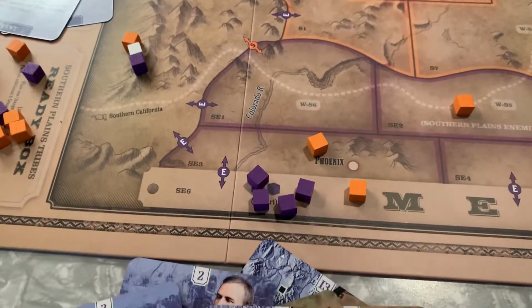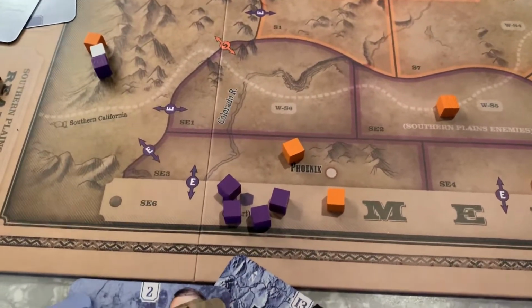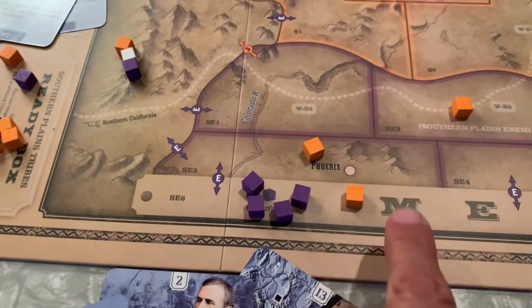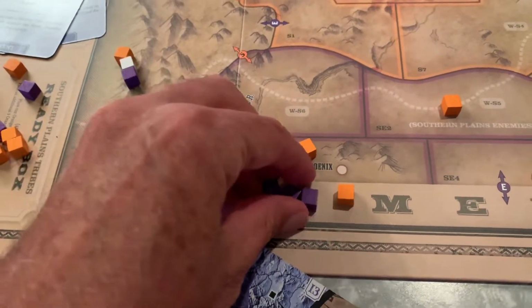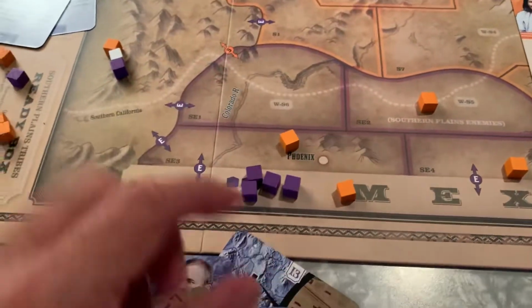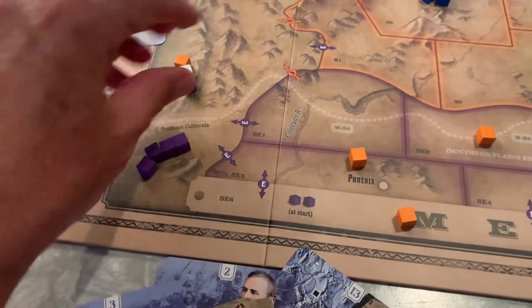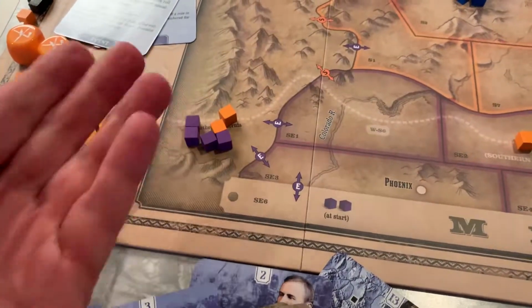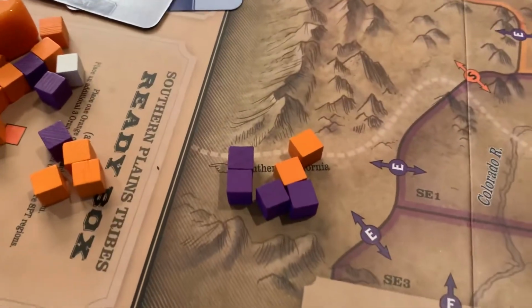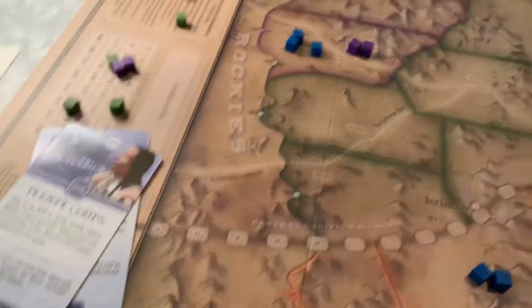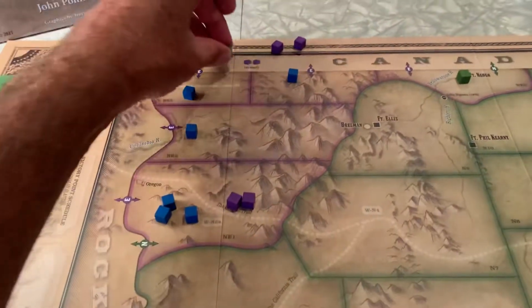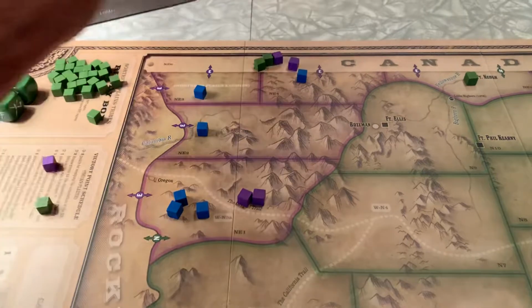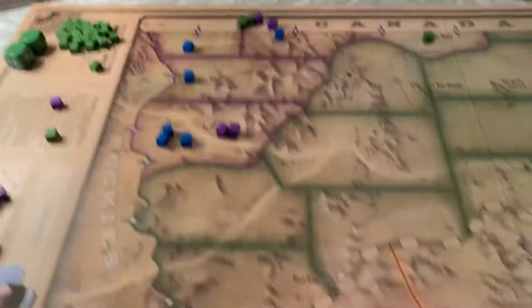Of course, blue and brown cubes can't go into Mexico, but this is sort of an area that both can occupy. So there's no engagement here. It's not going to result in a conflict. Same with the Rockies. This can happen. Purple and orange can coexist. Purple and green can coexist in Canada, or the Rockies up there.